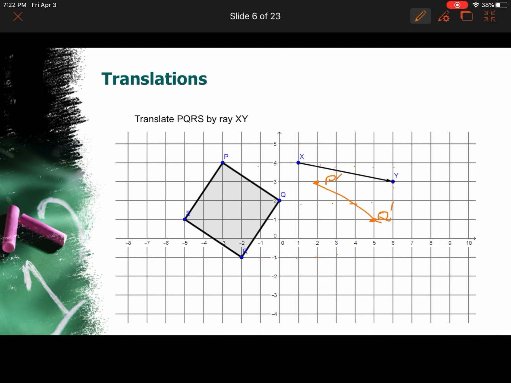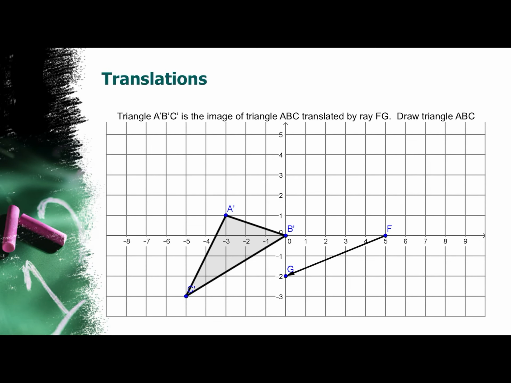And R, over 5, down 1. And S, over 5, down 1. And you notice that the shape is preserved. It's still a square. They are congruent figures.